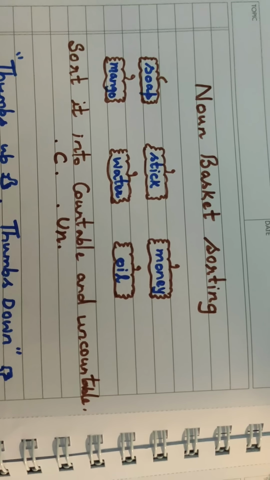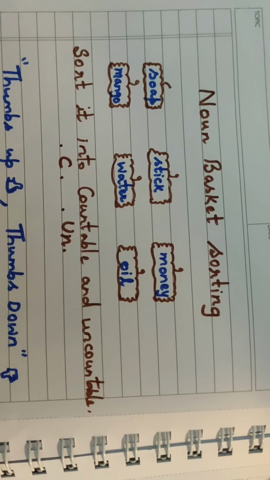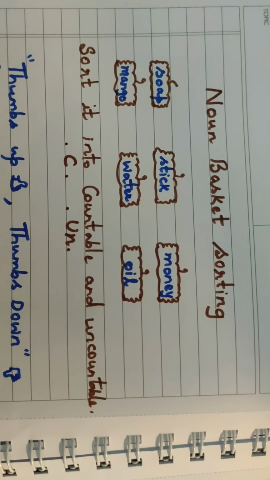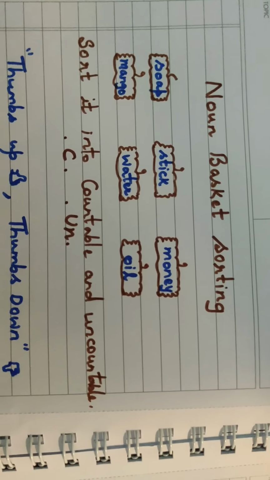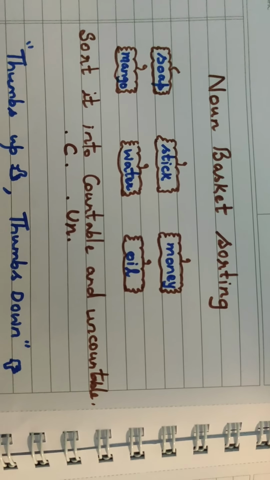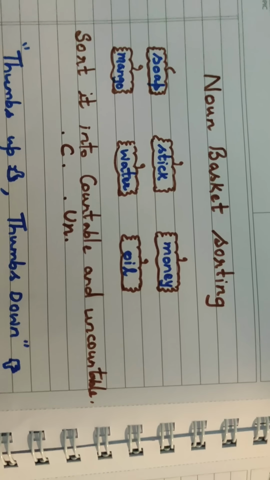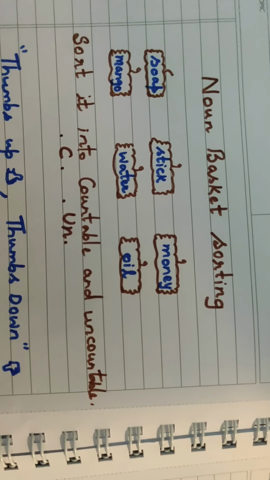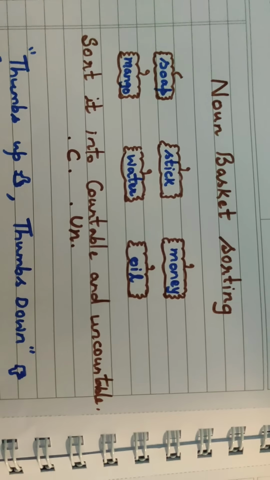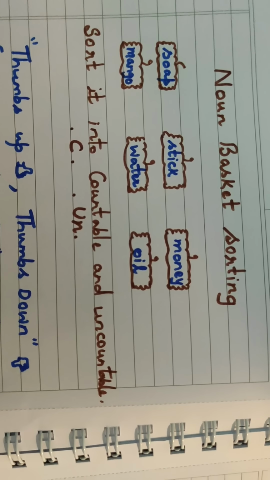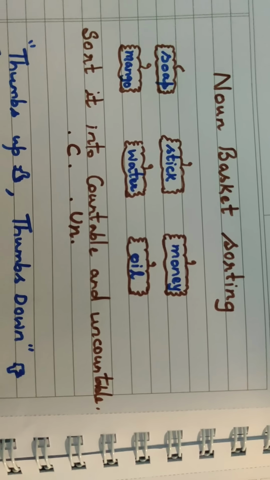Can you count soap? Of course. Bar soaps come packed, so you can count. Sticks, you can count the number of sticks. They are countable. Money, yes, of course, you can count money. Mango, mangoes also can be counted.